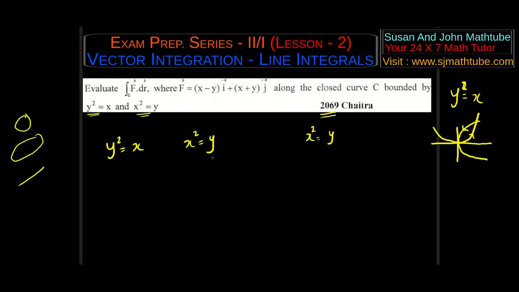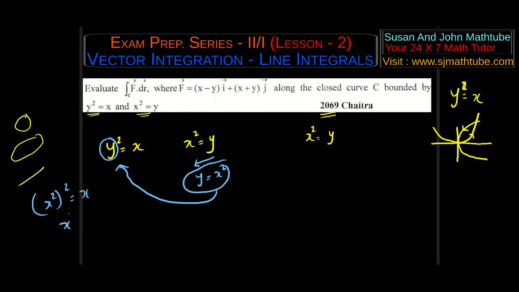So if you read this from right to left, we get y equal to x square. And I'm going to plug in this value of y here. So what is y? x square. So I'm going to get x square the whole square equal to x. That means x to the power 4 minus x equal to 0, or x times x cube minus 1 will be equal to 0, and that means x equal to 0 or x cube minus 1 equal to 0, and that of course implies x equal to 0 or x equal to 1.